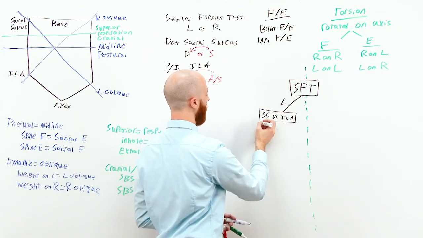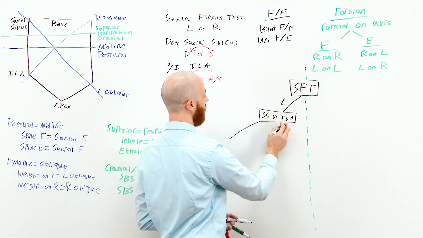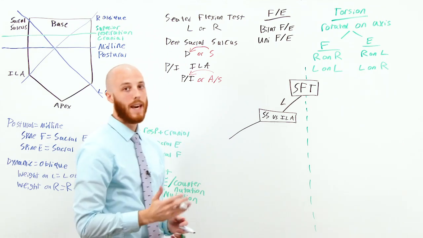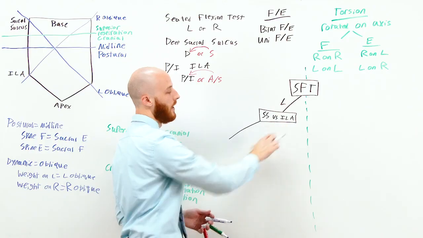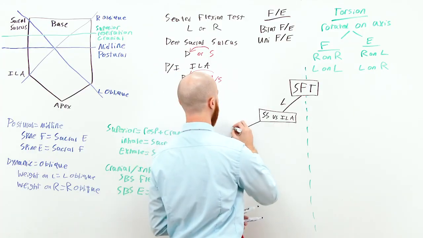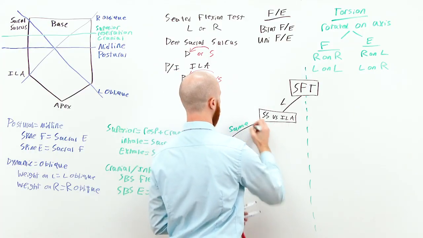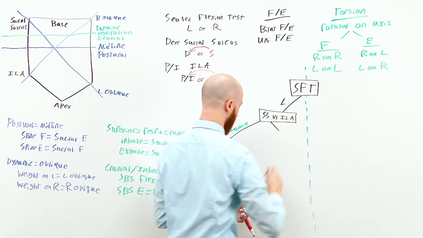So you have the findings of the deep sacral sulcus and the posterior inferior ILA on the same side. The deep and posterior inferior ILA are both on the same side. So same, or they can be on the opposite side.